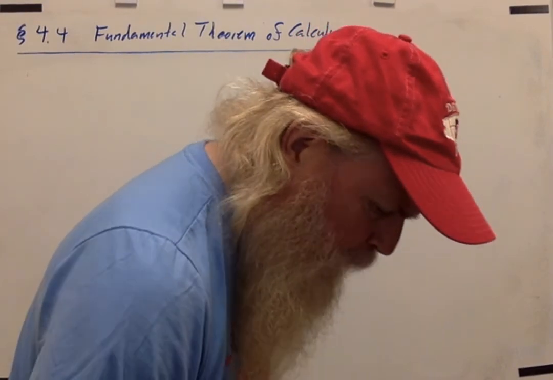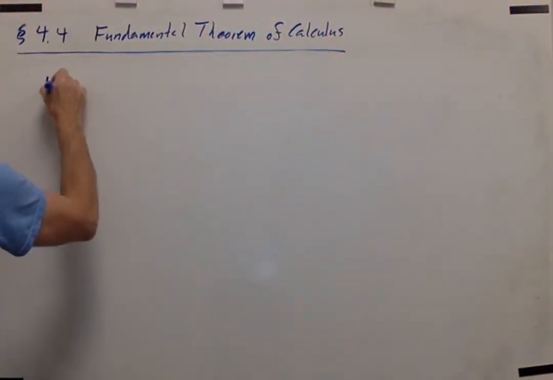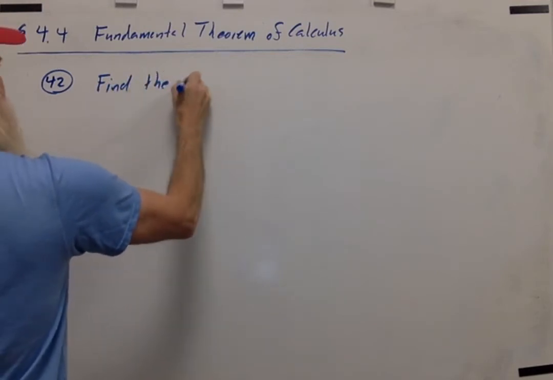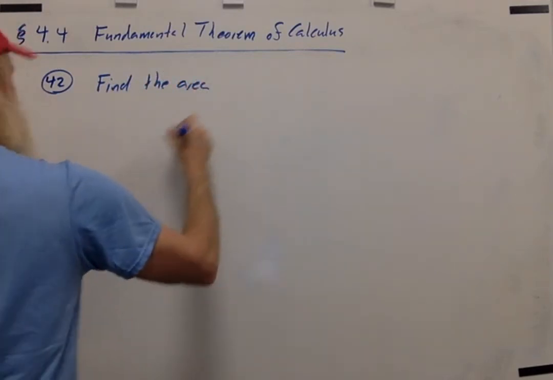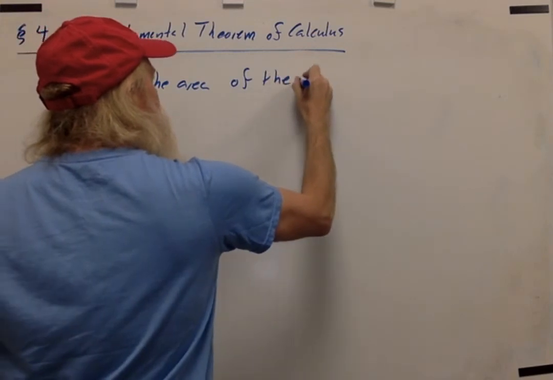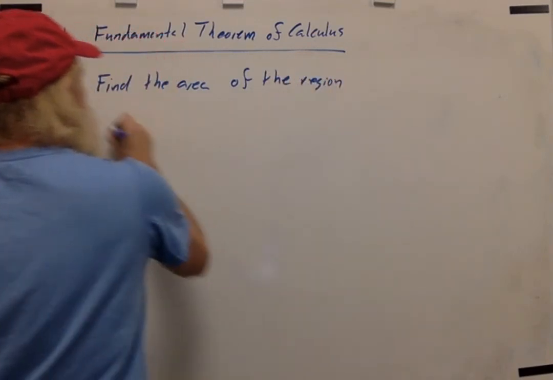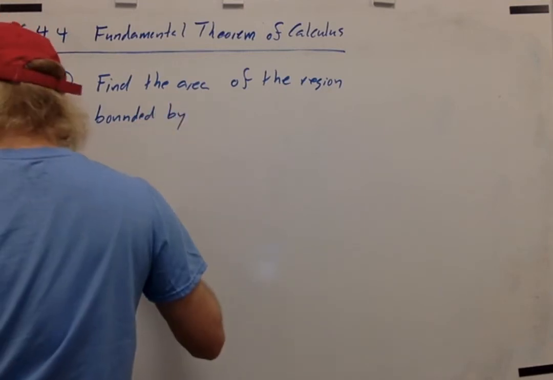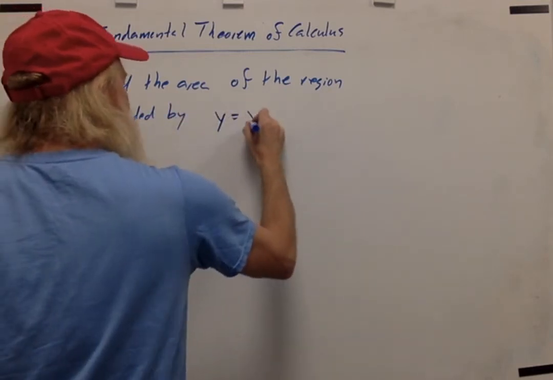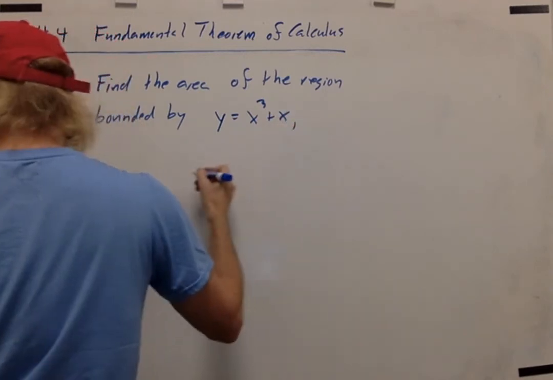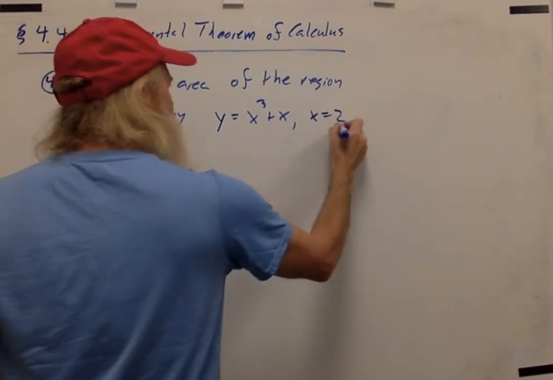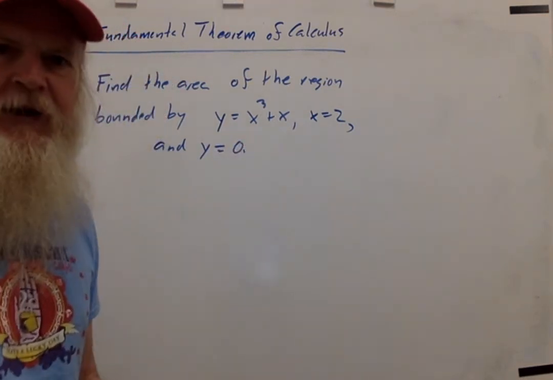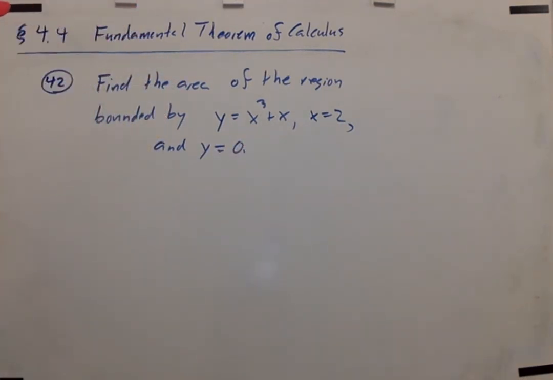And this is problem number 42, which asks us to find the area of the region bounded by y equals x cubed plus x, x equals 2, and y equals 0. Let's draw a quick sketch.